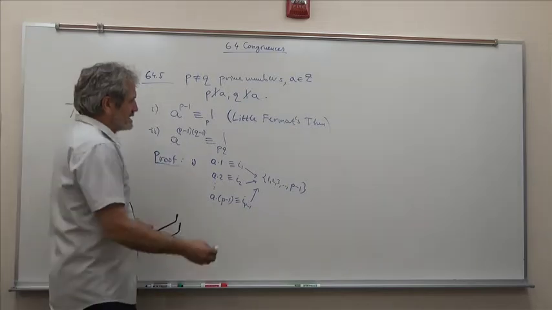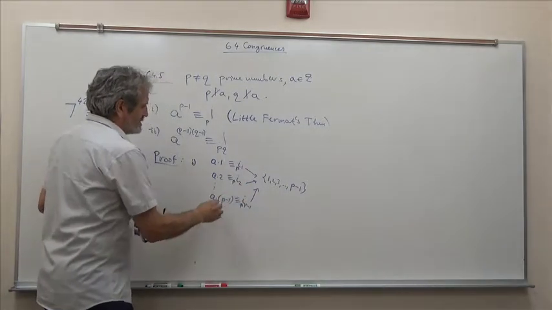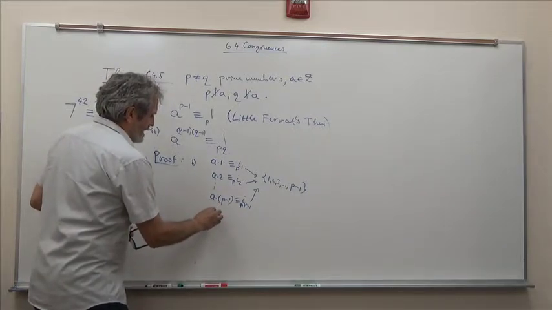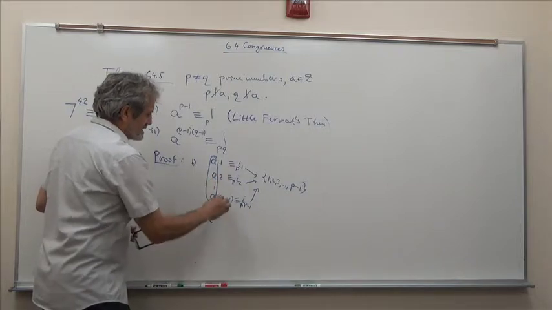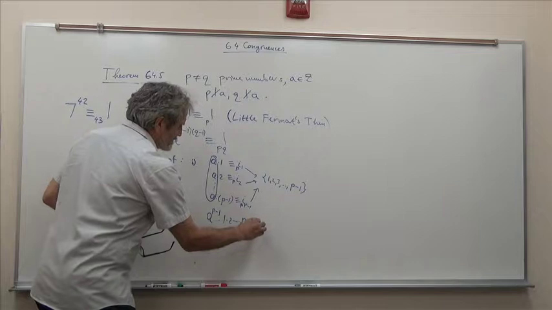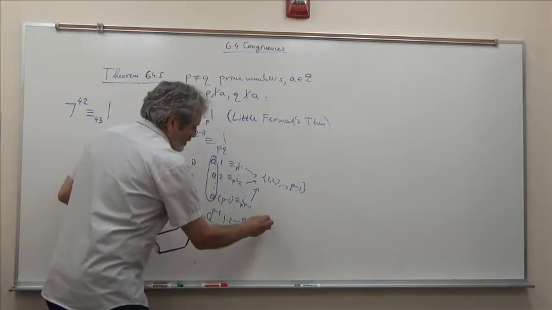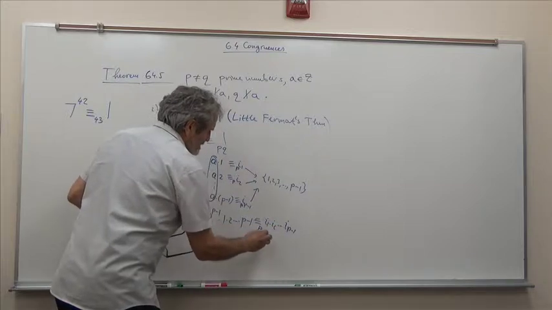And then what if I multiply modulo p? If I multiply left and right sides, what happens? I get a to the p minus 1, because a is repeated p minus 1 times, times 1 times 2 times up to p minus 1, is congruent with I1 times I2 times up to I(p minus 1).